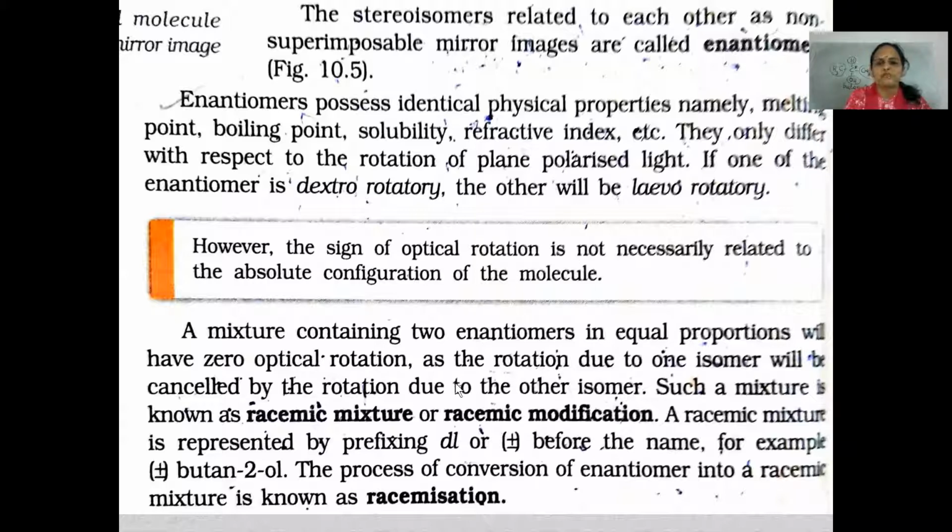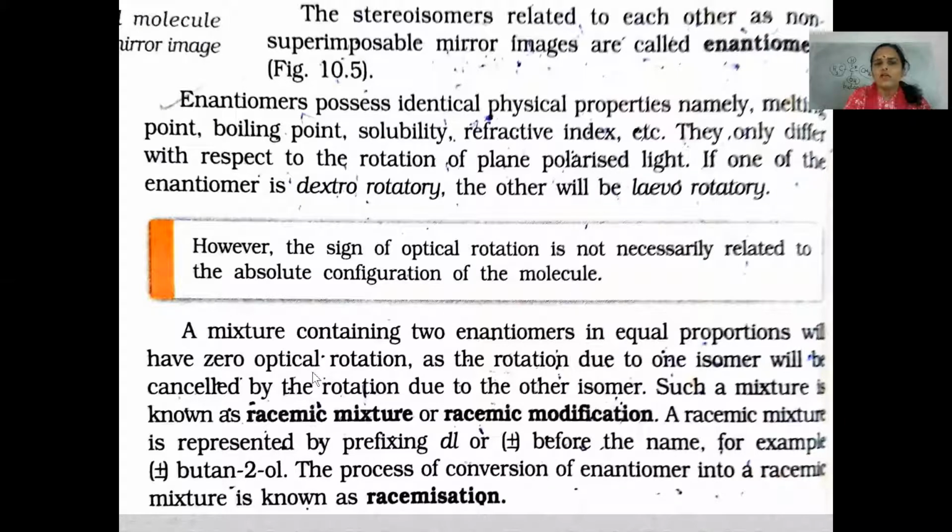Hope you have understood. It's a board question. The question had come, define enantiomers under 1 mark, and how do they differ from one another? They differ with respect to the rotation of plane polarized light.